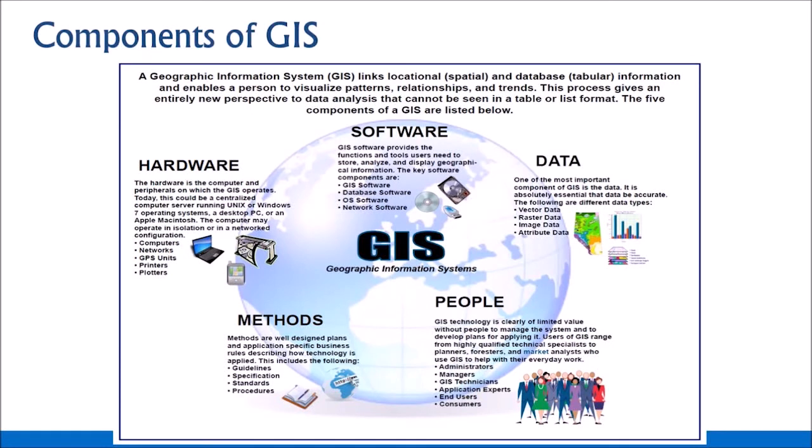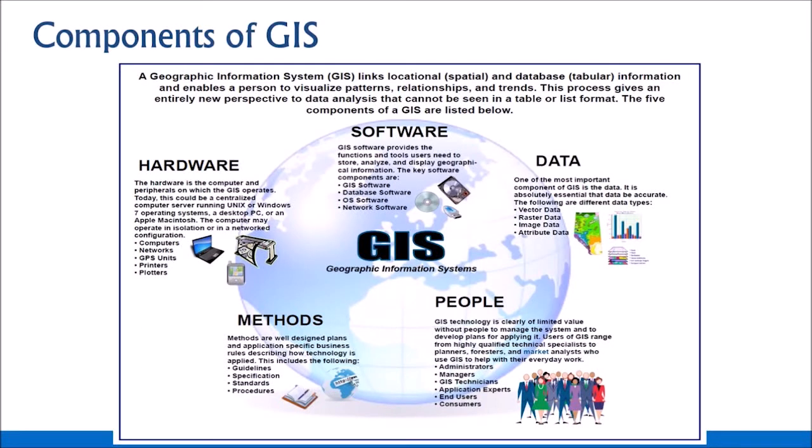Now for the components of the GIS, first we have the hardware. So the hardware is the computer and the peripherals on which the GIS operates. So the computer may be operating in isolation or in a network configuration. Next is your software.